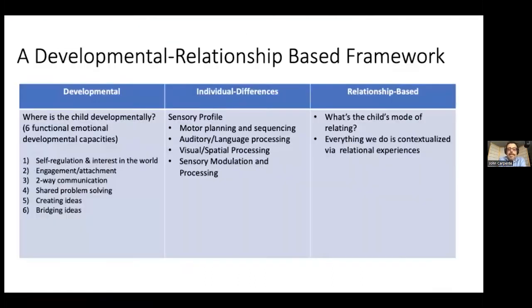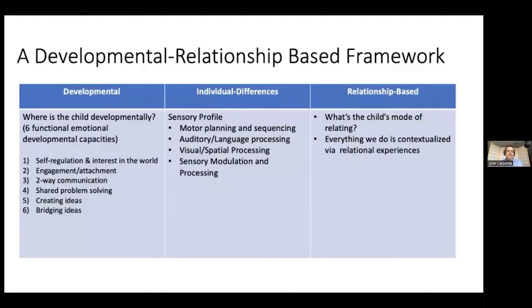Pull out the DIR model. So the D in DIR is for developmental. So it's a developmental framework, and we're trying to understand where clients are developmentally and to work within those developmental capacities and strengthen their challenges as well as their already existing strengths.